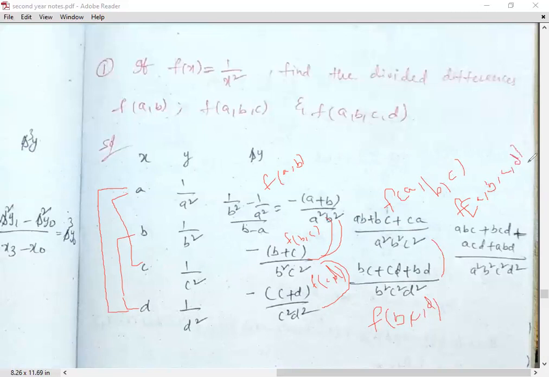In the problem, we are asked to write only f of ab, f of abc, f of abcd. f of ab is minus of a plus b by a square b square. And the next one f of abc is ab plus bc plus ca by a square b square c square. And the next one is f of abcd, which is abc plus bcd plus acd plus abd by a square b square c square d square.